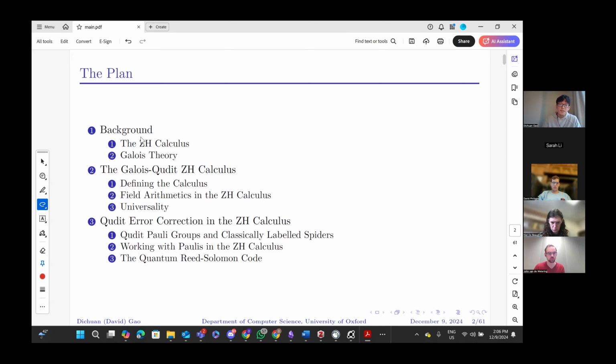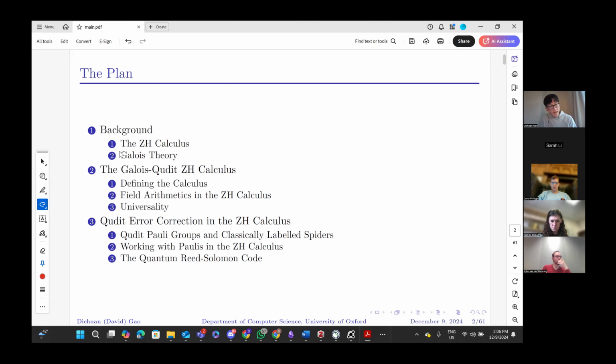And it's a very useful concept for error correction in general. Then I will go on to talking about this ZH calculus for Galois qudits that I'm developing. So I'll define the calculus. I will show you how the field arithmetics of Galois fields work in ZH calculus. And then I'll talk a little bit about the universality of this ZH calculus.